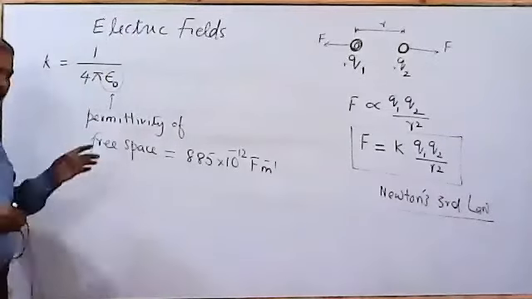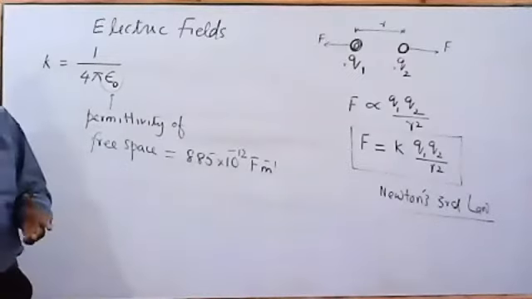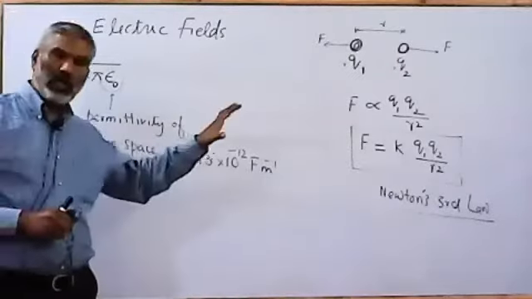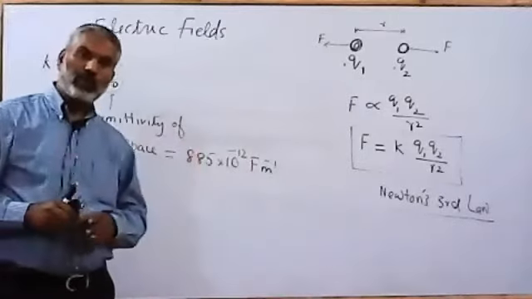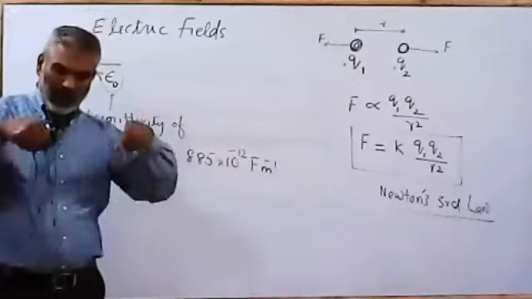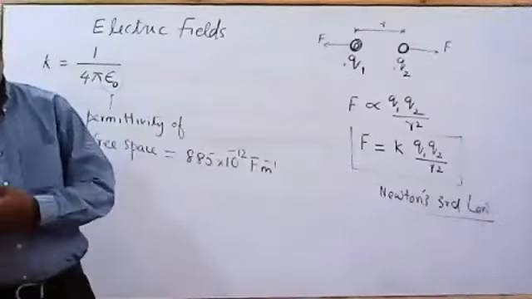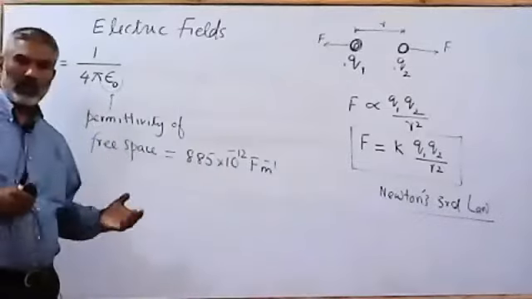Permittivity has something to do with the medium in which the charges are placed. If you place the same two charges in a liquid, the force is different. If you place these two charges by drilling two holes in a solid, the force that one charge exerts on the other undergoes a change.